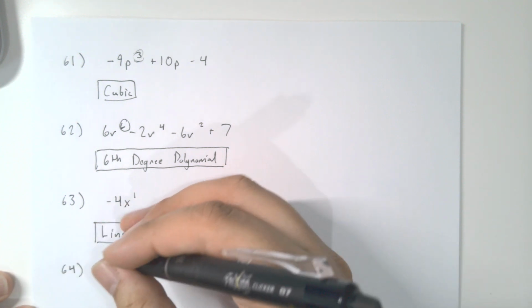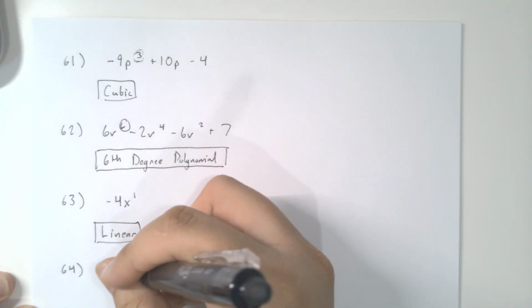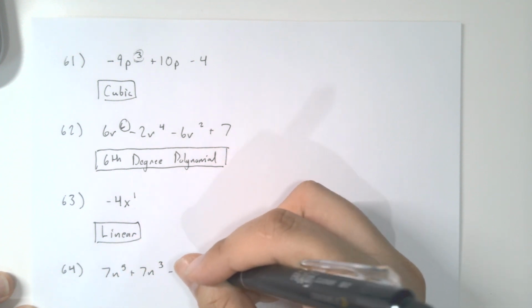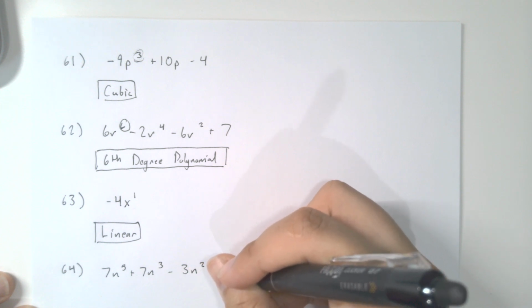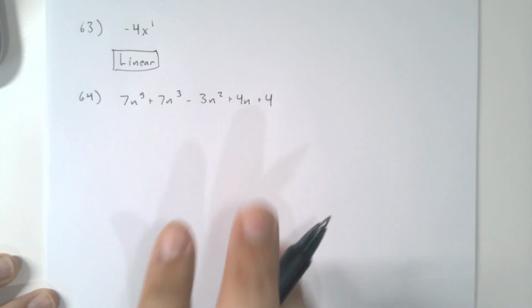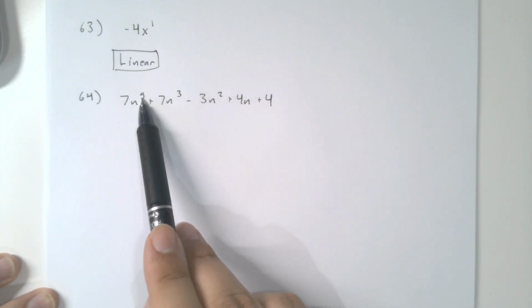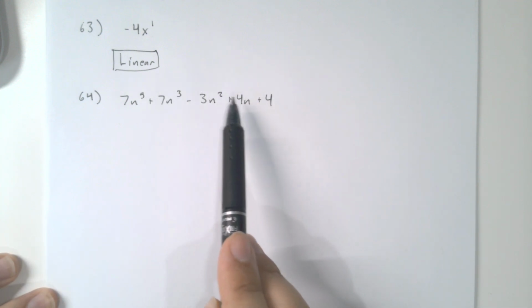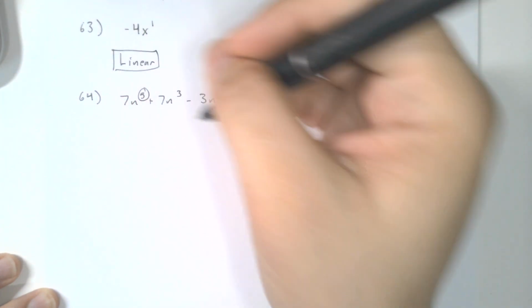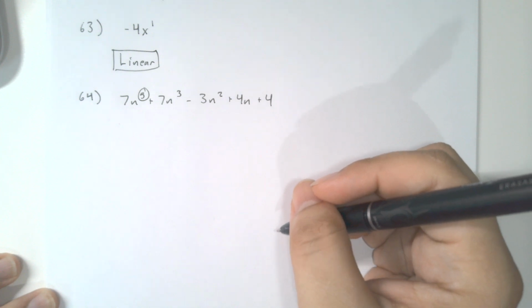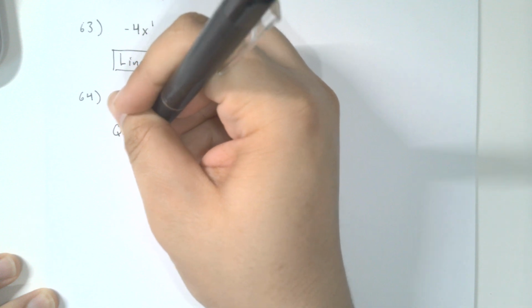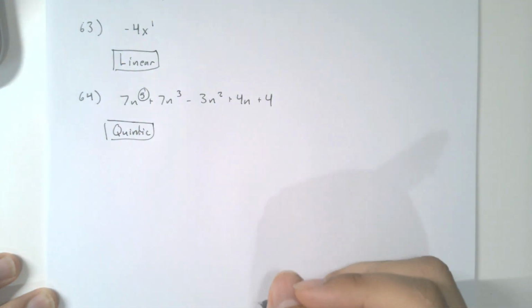For 64, we have 7n to the 5th plus 7n to the 3rd minus 3n squared plus 4n plus 4. We see that this is still in standard form. We have powers of 5, 3, 2, 1, 0. Our highest power of our variable is 5, and so we call this a quintic polynomial.